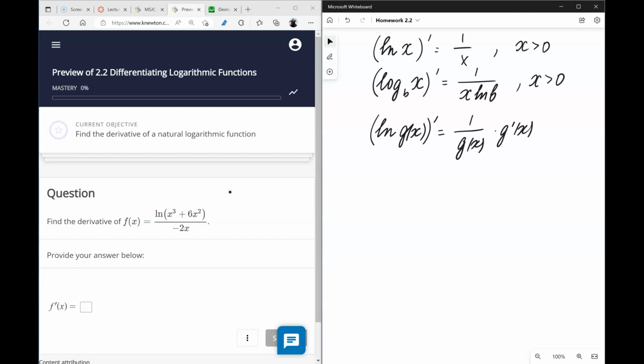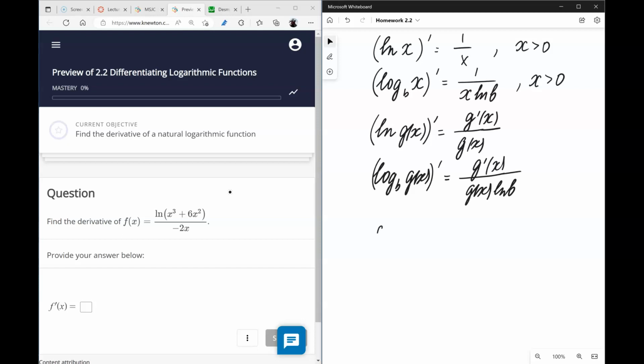And frequently we just write g prime in the numerator as a single ratio. When we have log of some function g base b, it's going to be similarly g prime of x over g of x, but we're also going to have ln of b in the denominator.